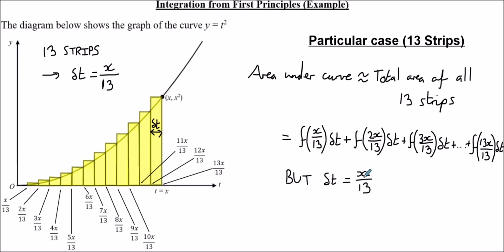Anyway, delta t is x over 13. And so we can say that, therefore, the area, we can factorise out this delta t because this is common to each strip.